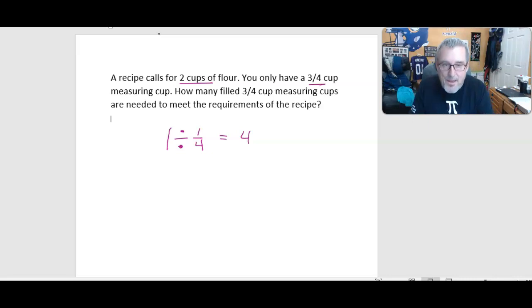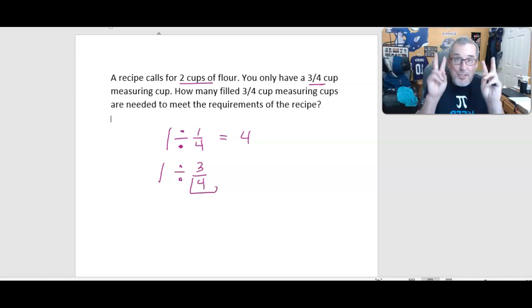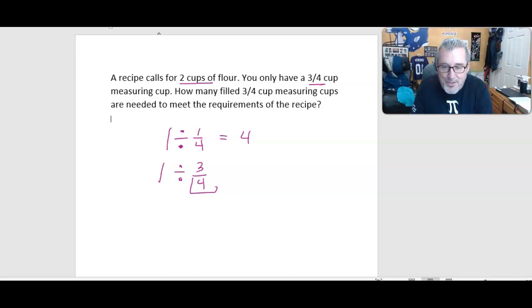Start there. Then you might think of it this way. Instead of a 1/4 cup, I have a 3/4 cup. Notice that the size of the scoop, if you will, is now 3 times as big. And if the scoop is 3 times as big, because 3/4 is 3 copies of 1/4, 3 times 1/4, since my scoop is 3 times as big, I'm only going to need 1/3 as many that I needed before.